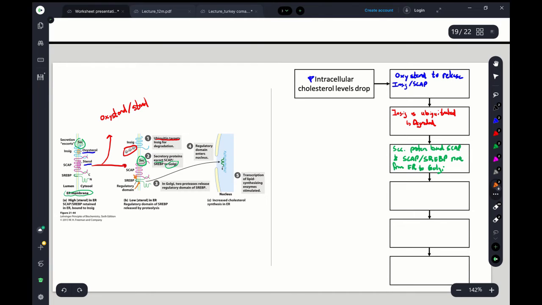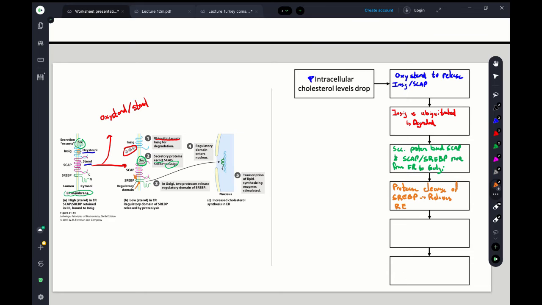So, protease cleavage of SREBP, and that then releases, and I'll just put RE, regulatory element or regulatory domain or protein. That would be what happens here.